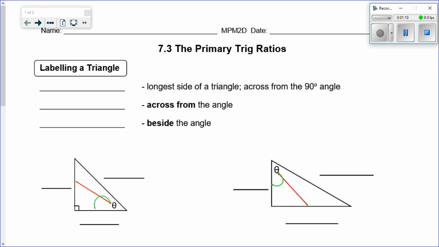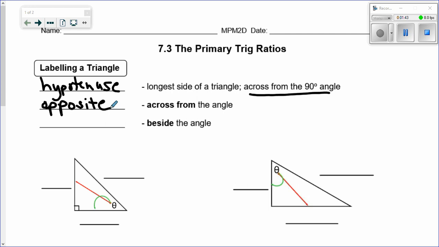All right. So with that in mind, let's start in on some basic definitions. So we already know from our days dealing with the Pythagorean theorem that the hypotenuse is the longest side in a triangle. It's always across from the 90-degree angle. Now, hopefully you know English. The side across from something is opposite.